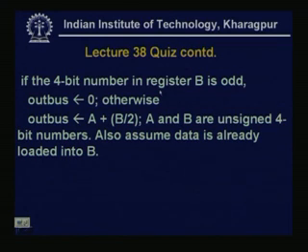If the 4-bit number in register B is odd, then 0 is assigned to outbus, otherwise outbus is A plus B by 2. A and B are 4-bit numbers, and we assume data is already loaded into B. So, this is the quiz of this particular lecture, and here we finish this class. Thank you.